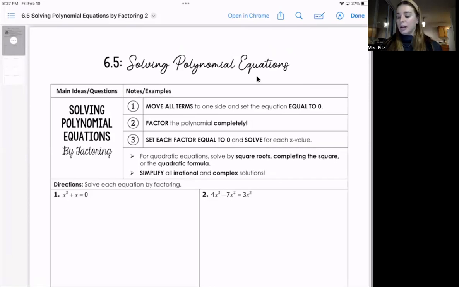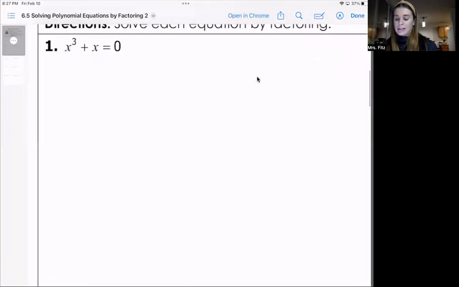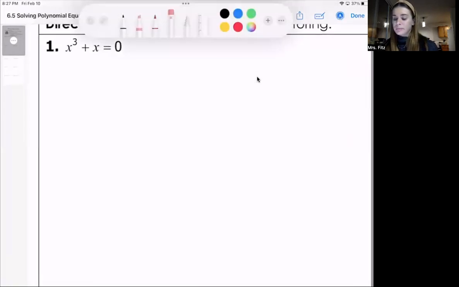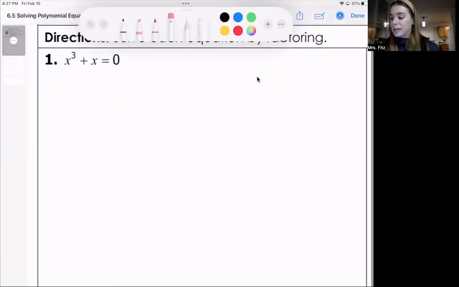All right, let's take a look at number 1. So we have x cubed plus x is equal to 0. It's already set equal to 0, so let's go ahead and start by factoring. I'm noticing that there is a greatest common factor between x cubed and x. They share a common factor of x, so let's factor an x out.